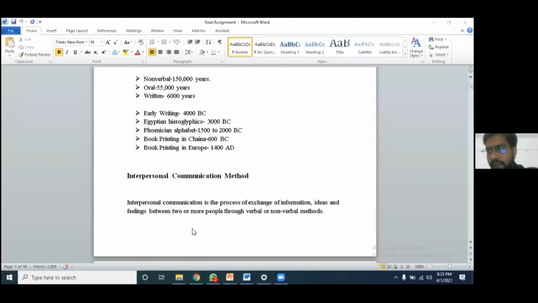If we write some message, or if we use some sign, that is a non-verbal method. The written message is like this: suppose you are working in an organization and you need leave to go on vacation with your family. What will you do?